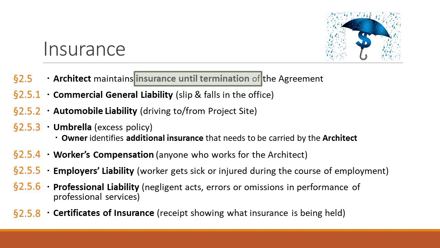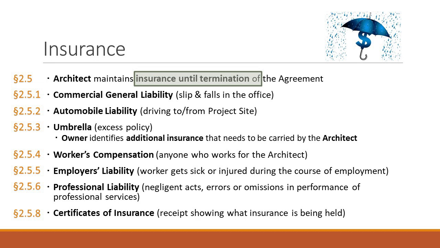Commercial general liability will not cover any of the damages that may occur because the architect failed to perform. That's professional liability, which we'll get to in a minute. Commercial general liability is slip and falls, somebody slips on the ice, somebody trips on your rug, those types of things. As a result, for architects, it's very inexpensive because most of the time, commercial general liability insurance is not triggered.